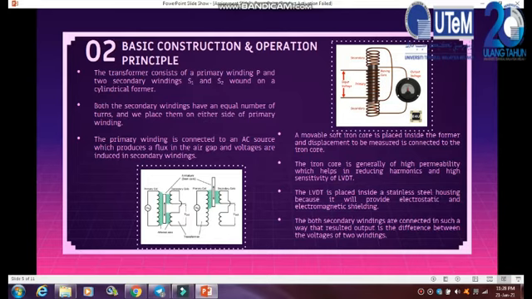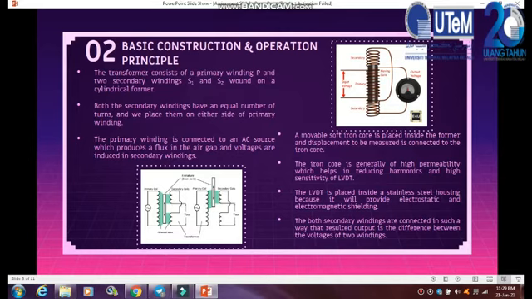The primary winding is connected to an AC source, which produces a flux in the air gap and voltage is induced in the secondary windings. A movable soft iron core is placed inside the former and the distance to be measured is connected to the iron core.